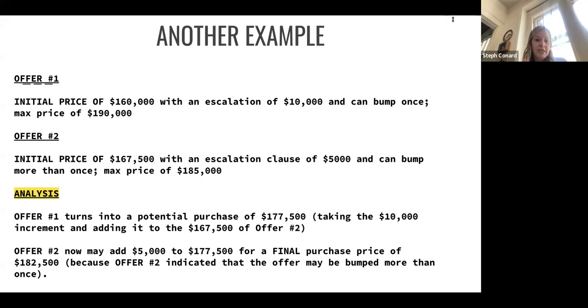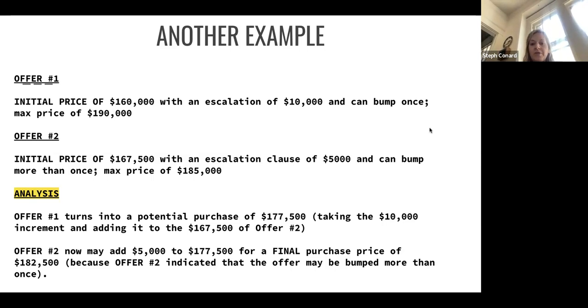But what ended up happening was that offer number one turned offer number two into a potential purchase price of $177,500, taking that $10,000 increment and adding it to the $167,500 of offer number two. But now that offer number two had the ability to bump more than once, we were able to add their $5,000 increment to the $177,500 for a final purchase price of $182,500.